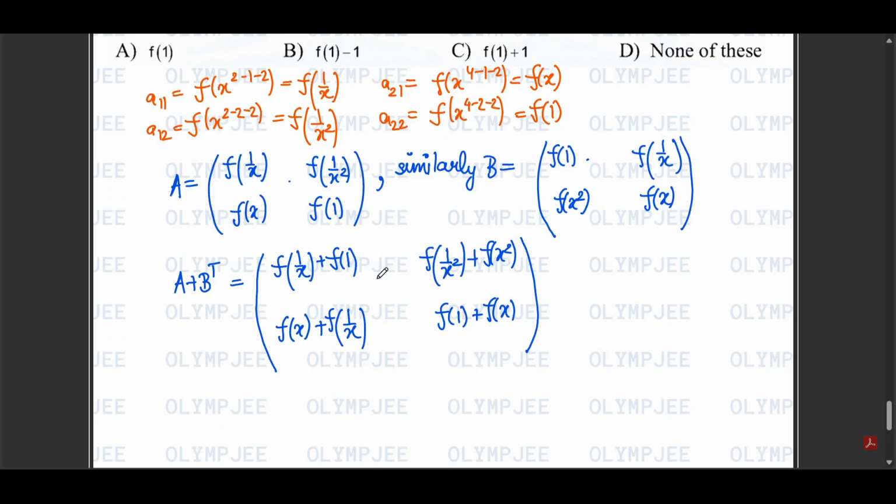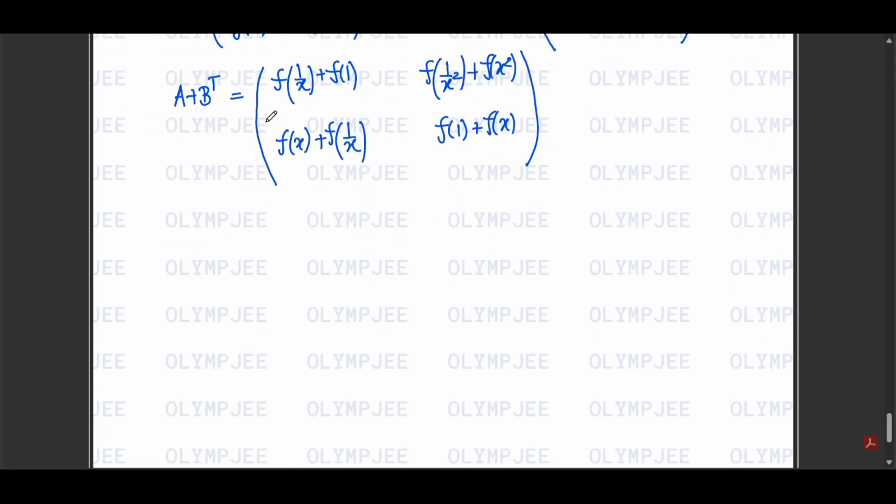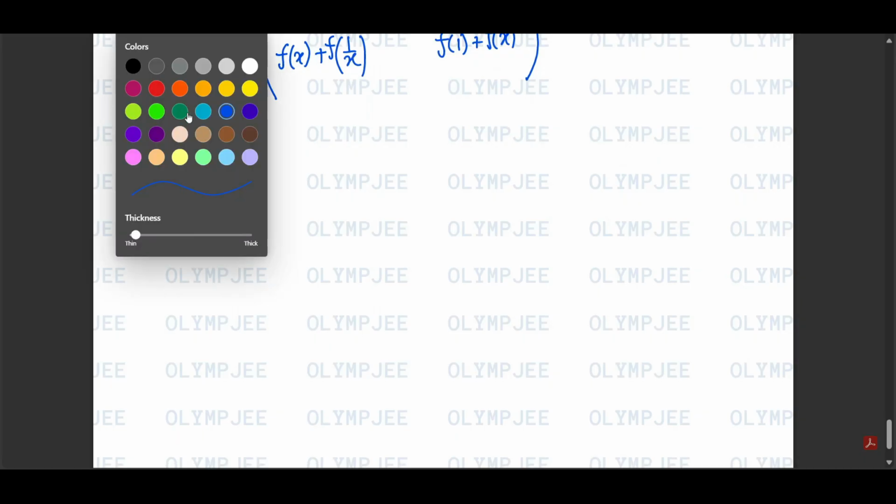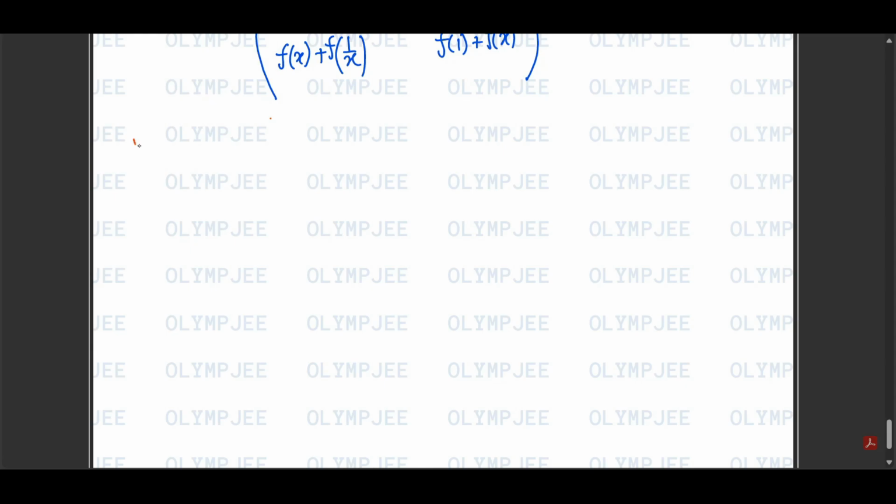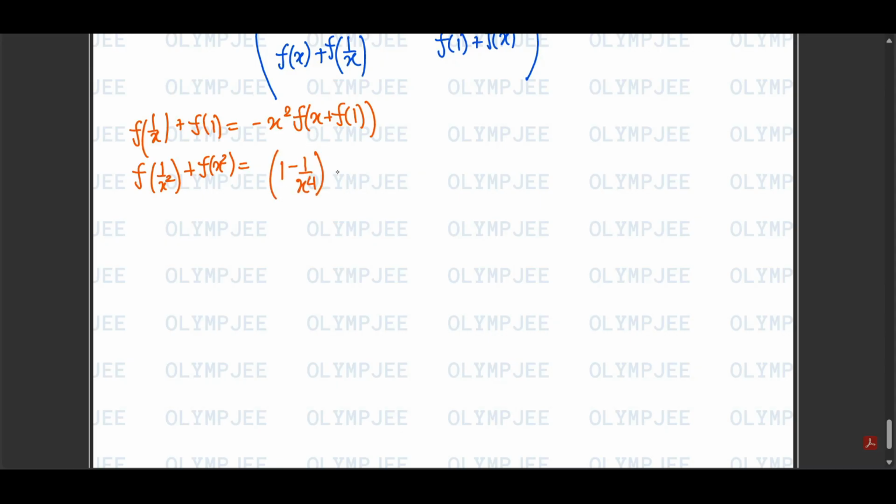So on comparing this matrix and this matrix, we will get 4 equations, which will be f of 1 by x plus f of 1 is equal to minus x square multiplied by f of x plus f of 1; f of 1 by x square plus f of x square will be equal to 1 minus 1 by x raised to power 4 multiplied by f of 1 by x square; f of x plus f of 1 by x will be equal to f of 1 by x multiplied by 1 minus 1 by x square.